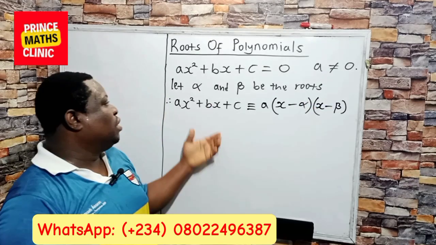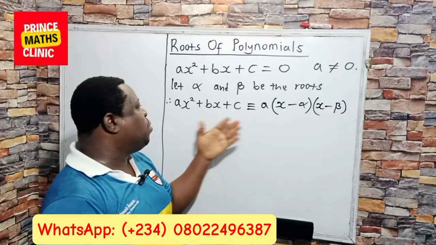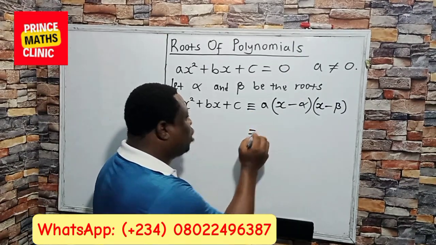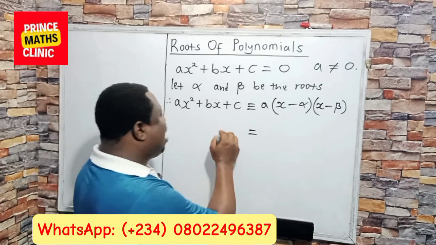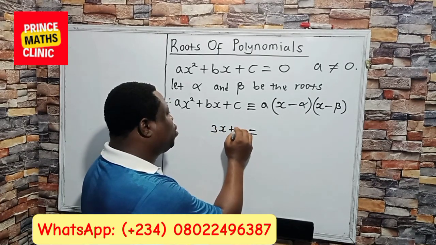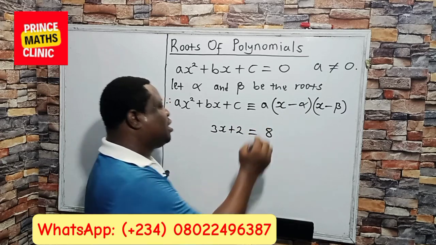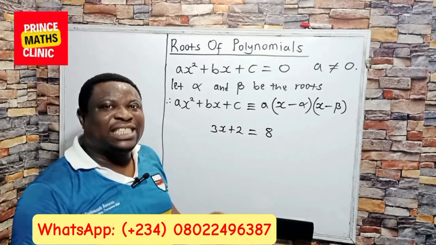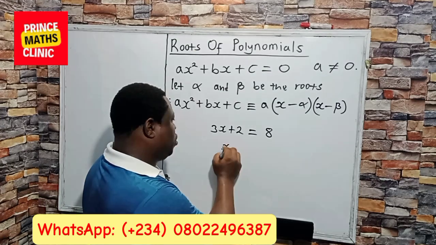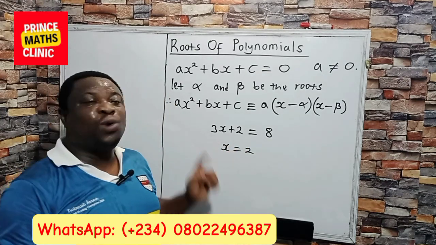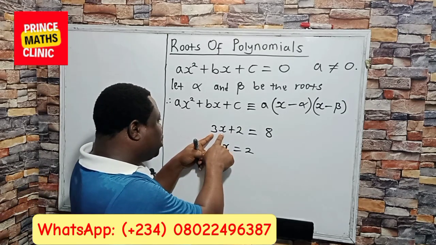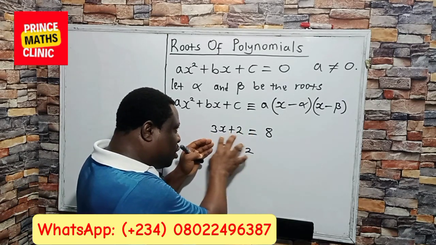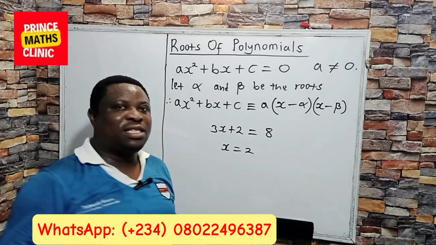So coming back to this, what's the difference between an equal to, which we use in an equation, and equivalent? For instance, if we have 3x plus 2 equals 8, here x can only be 2. If you solve this, x can only be 2, to make this left hand side equal to 8.